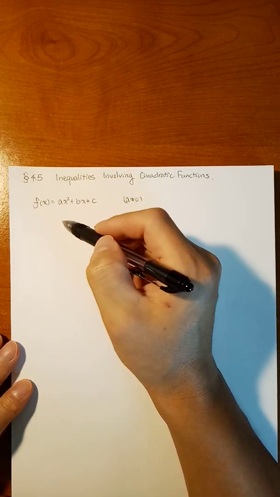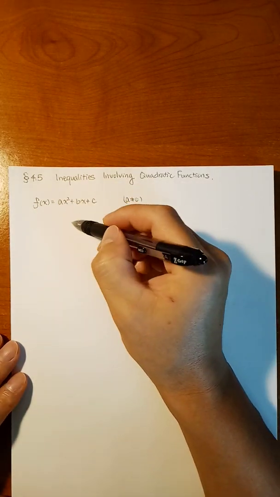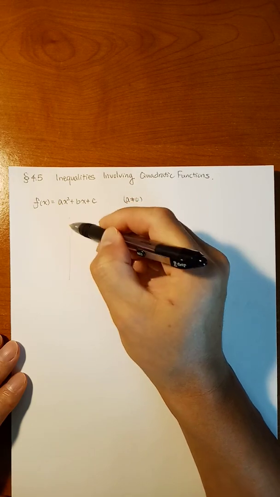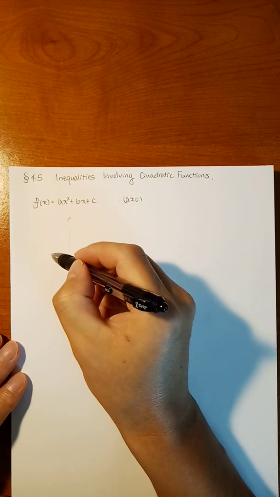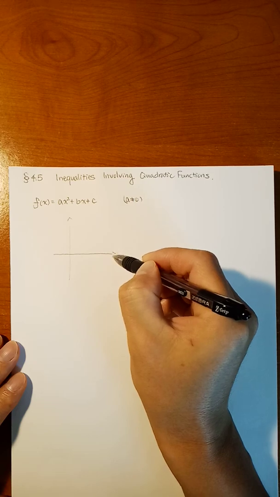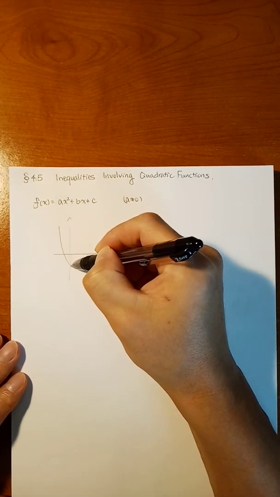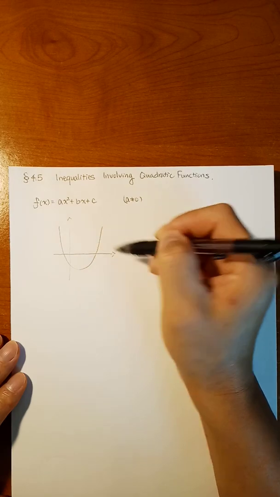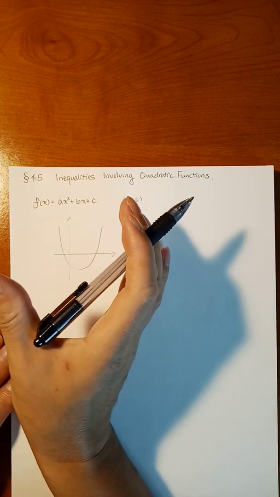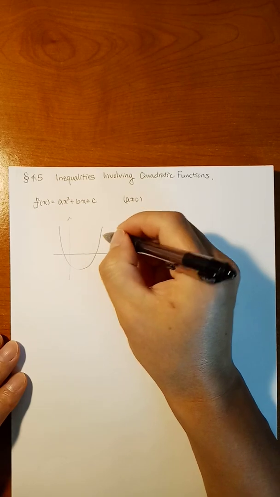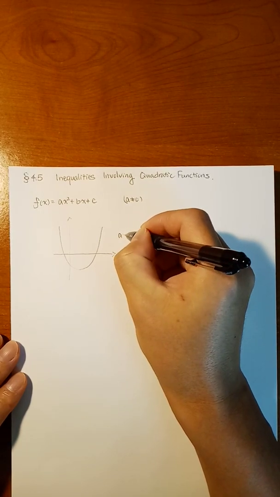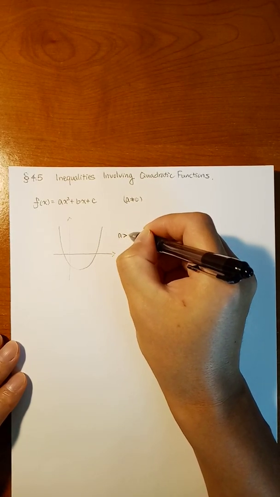For the quadratic function, if we sketch the graph there will be two basic types. Okay, so they're type 1 and type 2. Type 1, the graph will be like this. We say it is opening up. This is controlled by the sign of the leading coefficient.